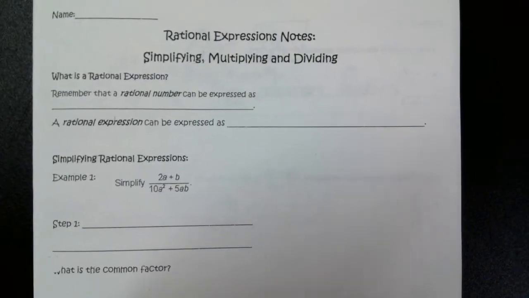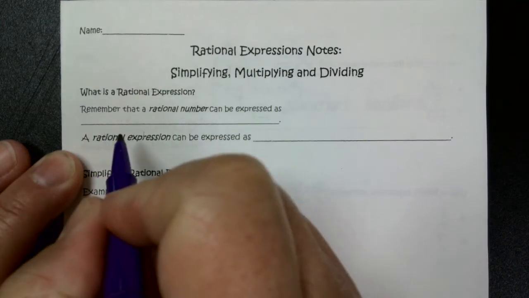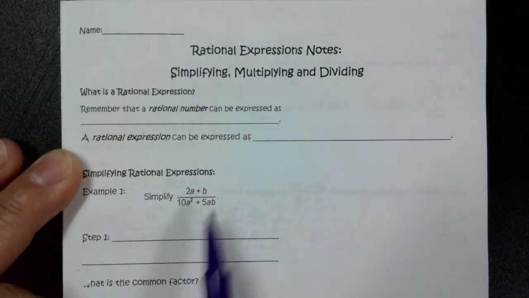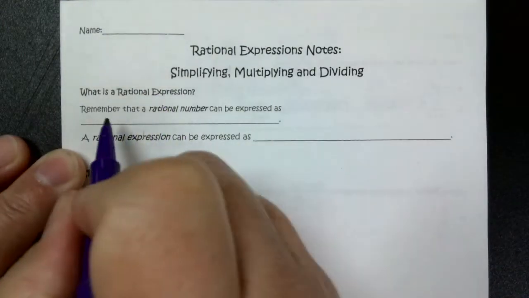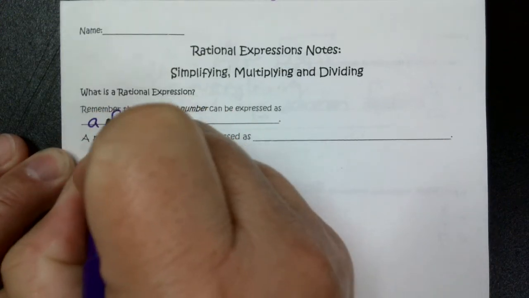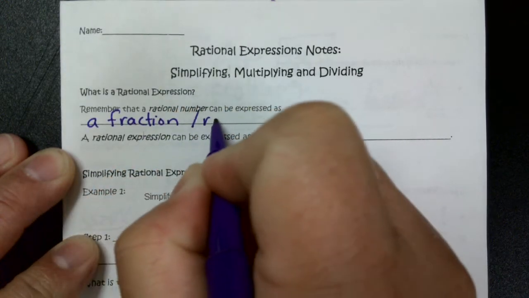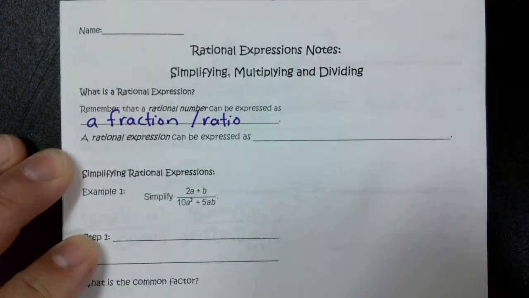We're starting our unit on rational expressions, and it involves a lot of ratios or fractions. So remember that a rational number can be expressed as a fraction or ratio, whatever you want to call it.